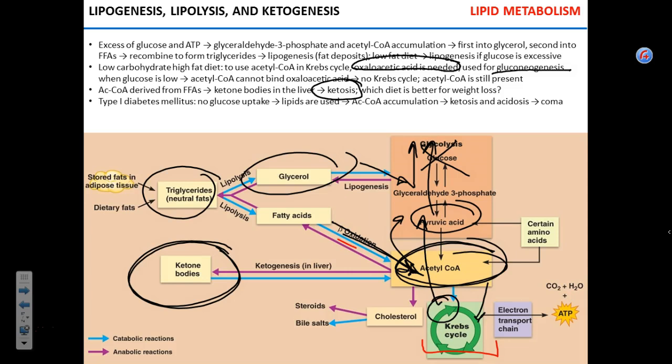Now, what you have is fatty acids that are oxidized to acetyl-CoA, and acetyl-CoA has nowhere to go, so it accumulates, and when it accumulates, the liver starts to convert it to ketone bodies. And ketone bodies can be used as fuel by practically all the cells of the human body. Okay? Does that make sense? What are the downsides or upsides? I'm talking about dietary ketosis.